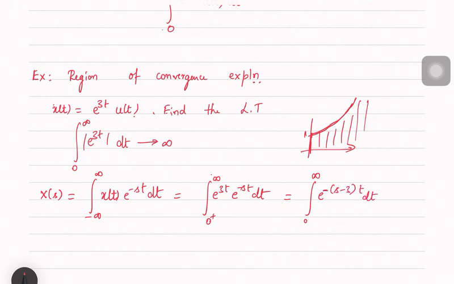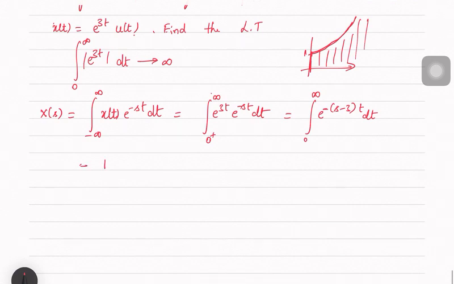So what is the integral of this? It is minus of 1 by (s minus 3), times e power minus (s minus 3) times infinity, minus e power minus (s minus 3) times 0. Now suppose s minus 3 is less than 0, which means negative.